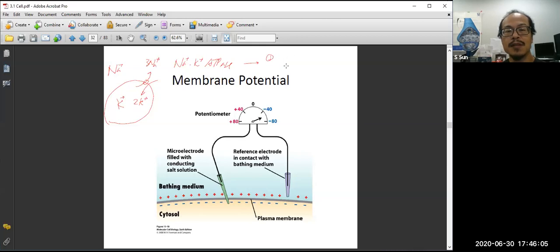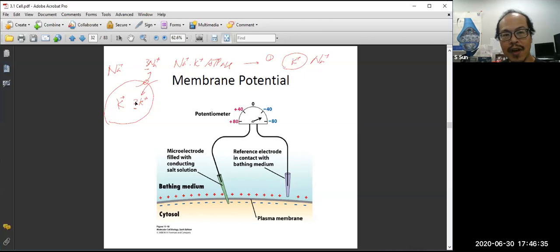So, potassium inside, sodium outside. What's the second consequence? These two numbers are not even, right? We have 2 potassium in, 3 sodium out. Sodium is a positive charge ion. Potassium is also a positive charge ion.